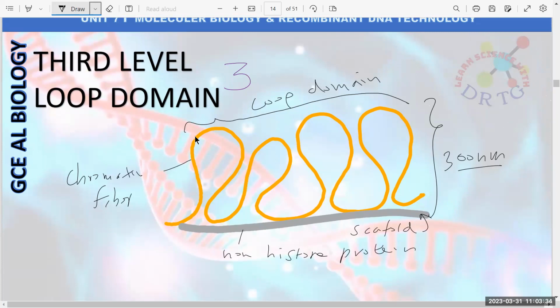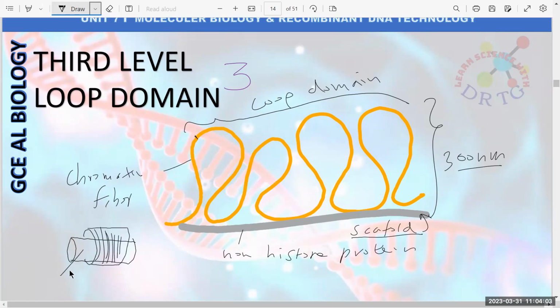So what is the scaffold meaning, sir? Scaffold is considered like a skeleton. If you take the ball of thread we use for the sewing machine, this plastic one is the scaffold and this is the thread.